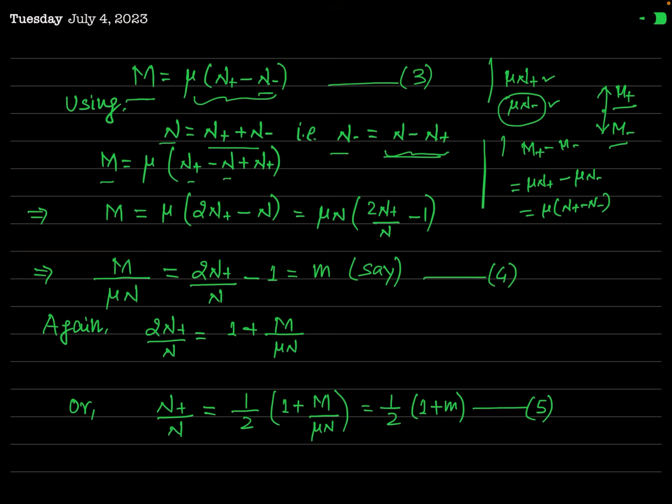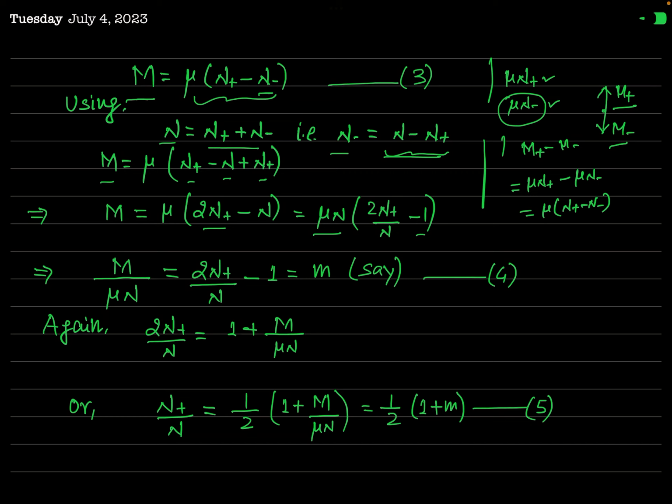So this will be minus n and plus n plus. Now n plus plus n plus will be 2n plus, minus n. So m is equal to mu times 2n plus minus n. Now we take this n as a common factor, so you can write this expression as mu n times 2n plus divided by n minus 1.